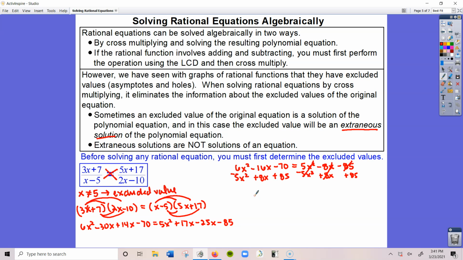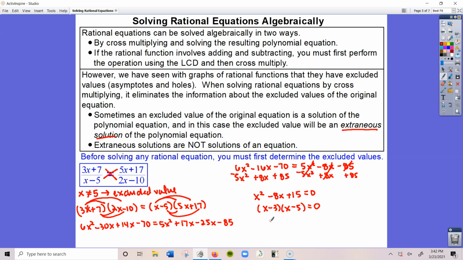And what I get here is x squared minus 8x minus 15 is equal to 0. I'm sorry, plus 15 is equal to 0. And this we can factor. This is x minus 3, x minus 5 is equal to 0.